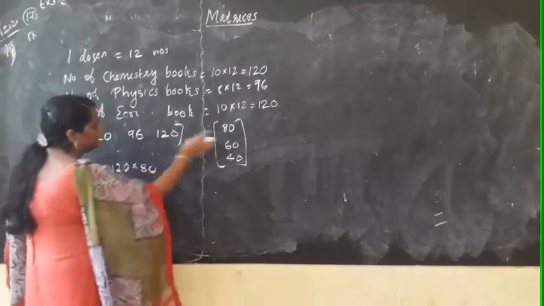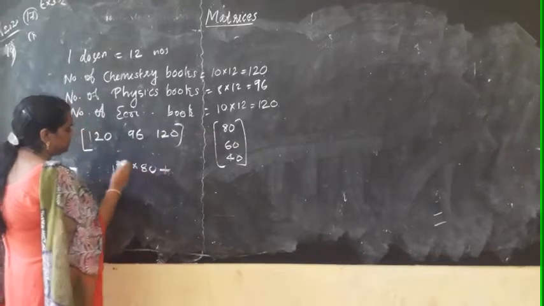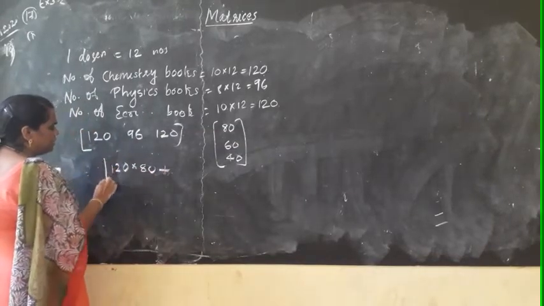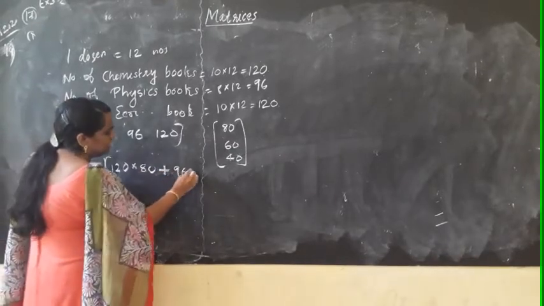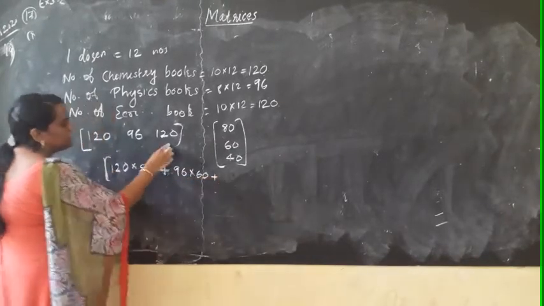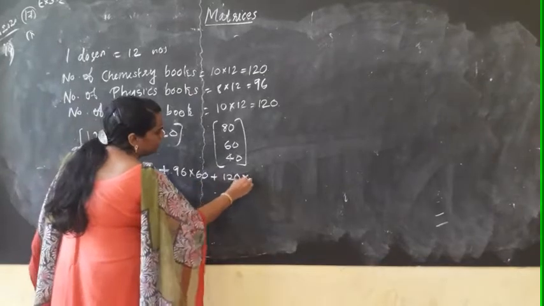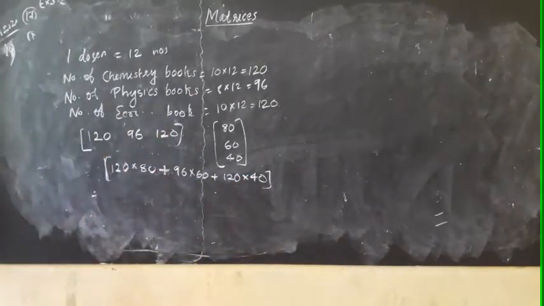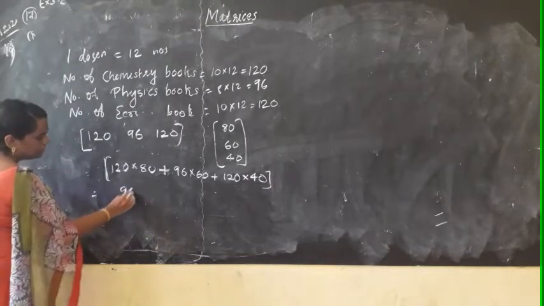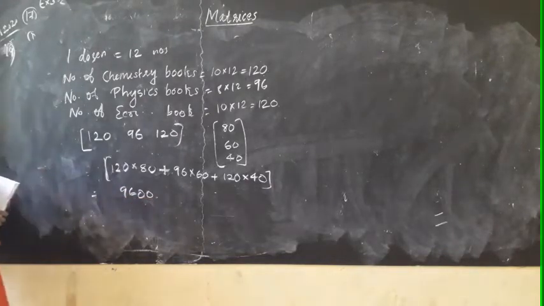Then the total amount: 120 into 80, first element like this, plus the next element, so that only one element will be there. 120 into 80 plus 96 into 60 plus 120 into 40. You want to multiply this: 120 into 80 is 9600.